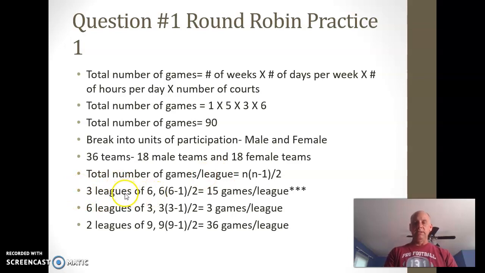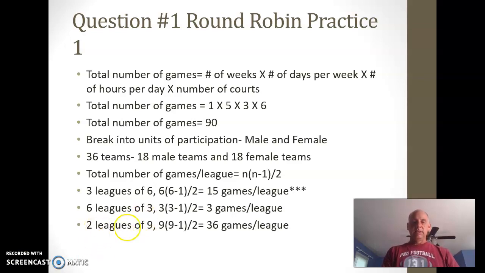Let's say we have 3 leagues of male with 6 teams in each one of them, and 3 leagues of female with 6 teams in each. Looking at just the number of teams per league, n, the lowercase n, is 6. 6 minus 1 is 5, times 6 is 30, divided by 2, we have 15 games per league.